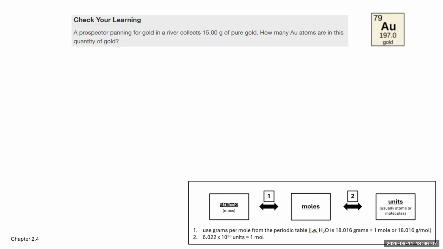Now it's saying a prospector panning for gold, which is kind of fun, by the way, collects 15.00 grams of pure gold. How many gold atoms are there in this quantity of gold? So let's check that out. 15.00 grams of gold, and they want to go to atoms of gold.